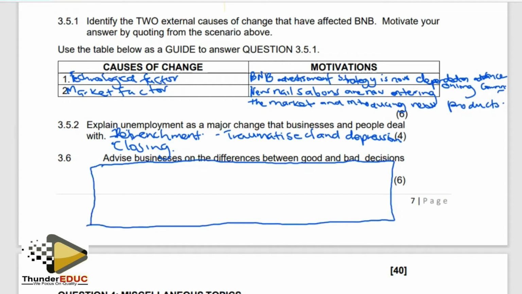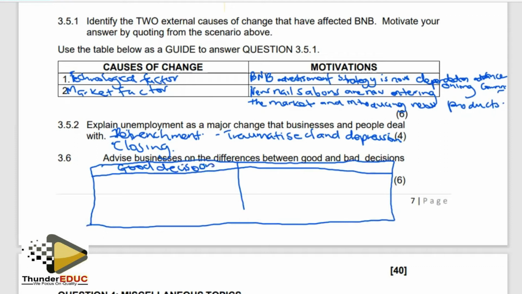What is a good decision? What is a bad decision? Differences should always be written in tabular form. Let's look at what we call good decisions, the decisions that are made by a manager or a business.